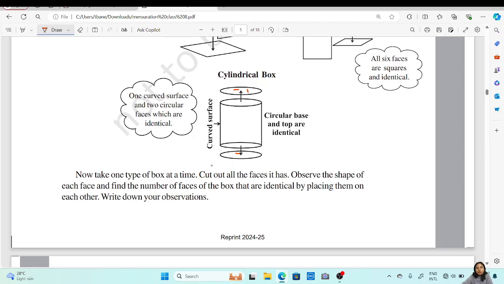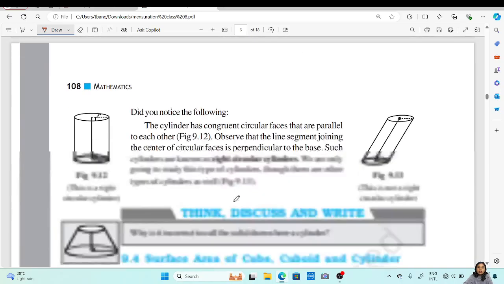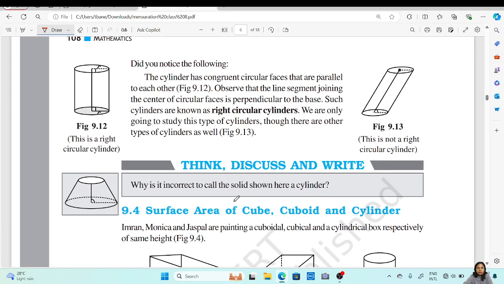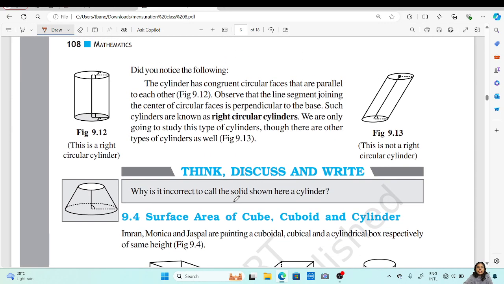So these are the 2 faces and this is the one curved surface. Did you notice that cylinder has congruent circular faces that are parallel to each other? Observe the line segment joining the center of circular faces is perpendicular to the base. Such cylinders are known as right circular cylinders.